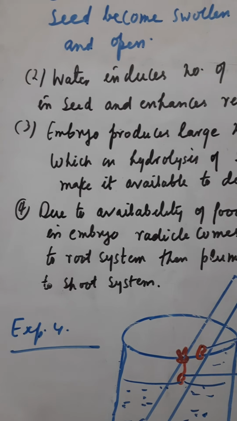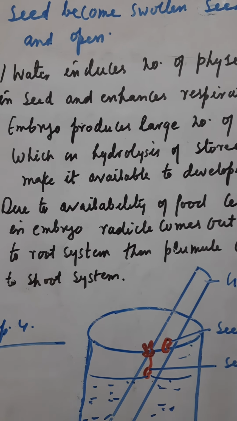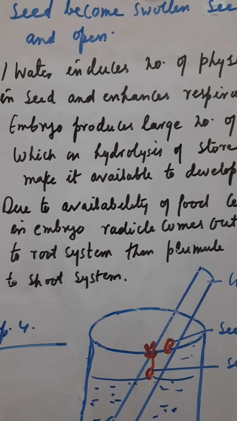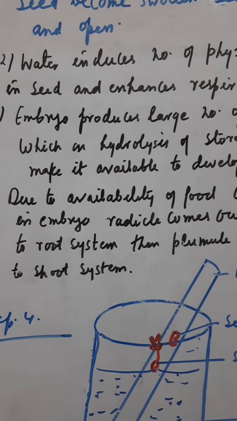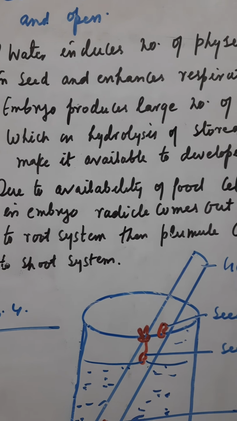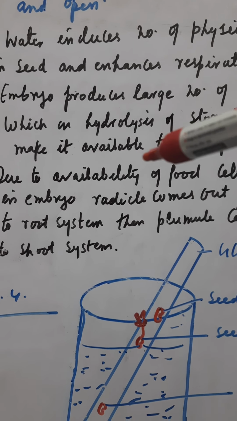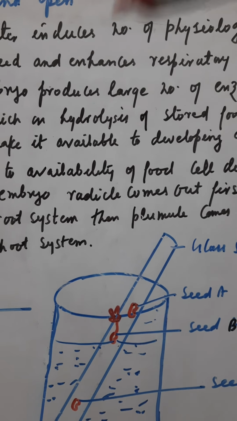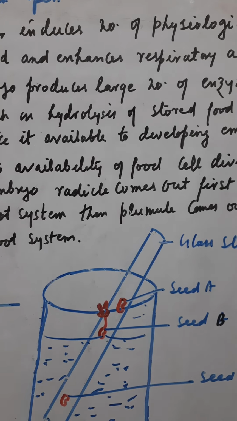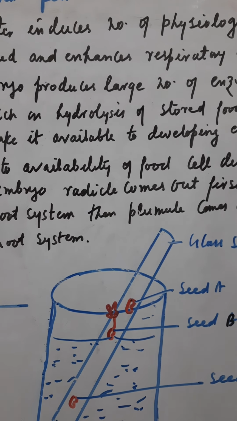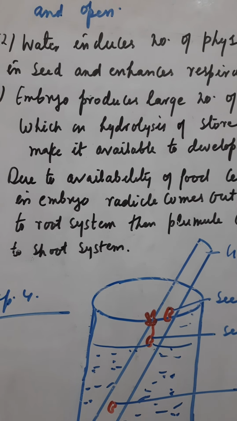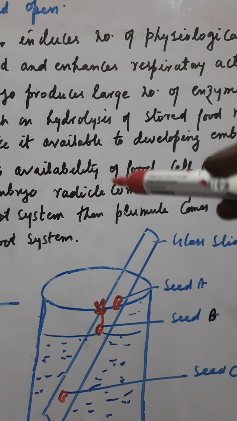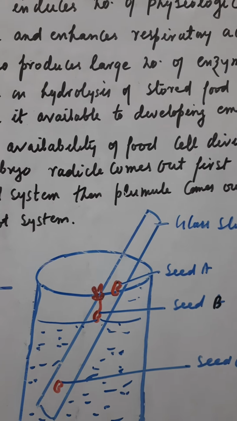So here water will be absorbed through the micropyle, and the seed coat will rupture and open in the first step. In the second, physiological changes are induced. This will enhance the respiratory activity. In the third, the embryo produces a large number of enzymes which, on hydrolysis of stored food material, make it available to the developing embryo.